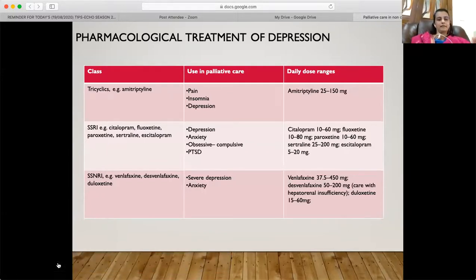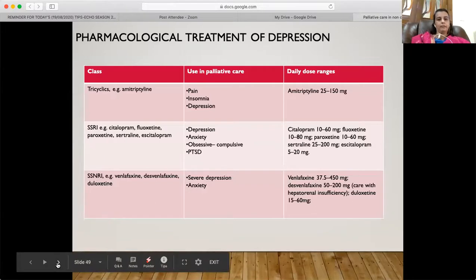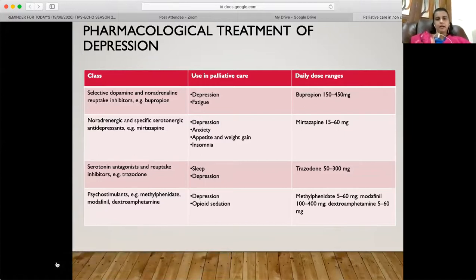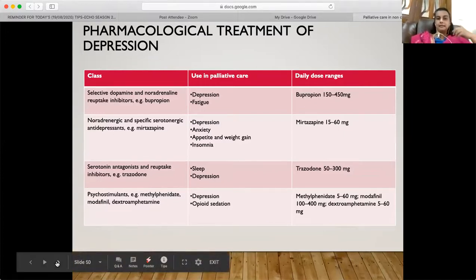We usually start with an SSRI, like citalopram or fluoxetine, or you can even use an SNRI like venlafaxine or duloxetine. Then there are newer ones which are quite popular in palliative care, like mirtazapine, a noradrenergic and specific serotonergic antidepressant. It has fewer side effects, and in palliative care we use it for depression, anxiety, appetite and weight gain, and insomnia.